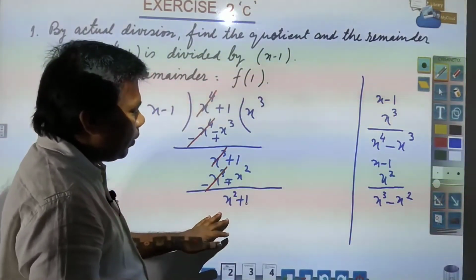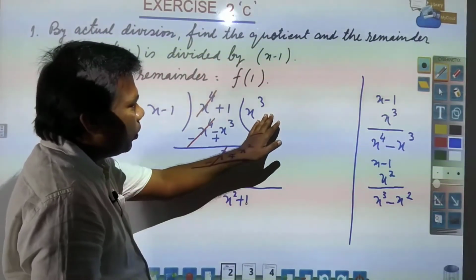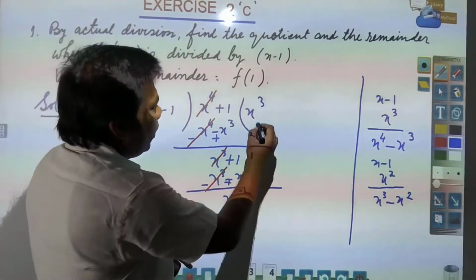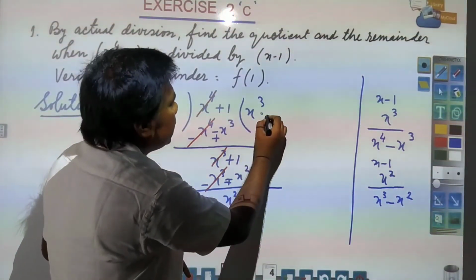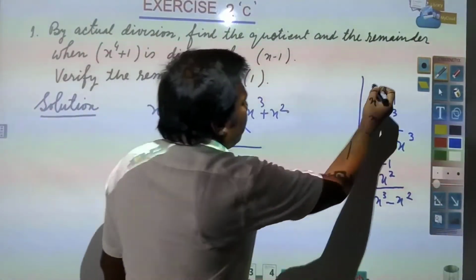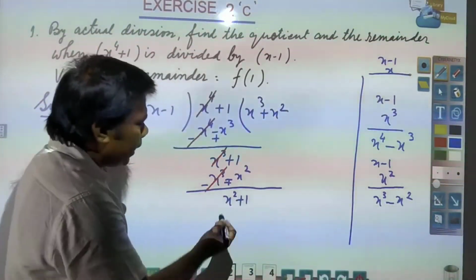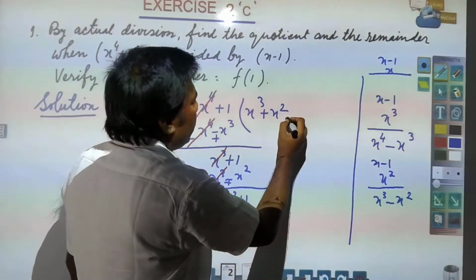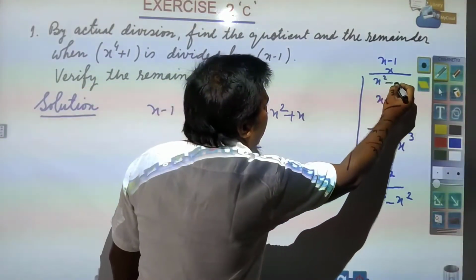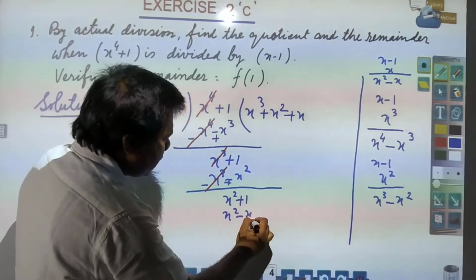Again the same thing needs to be seen: what term should we put over here so that when we multiply we get x square. So here you write x. Now we multiply x minus 1 by x so that we get x square, so x into x is x square and x into minus 1 is minus x, so x square minus x.